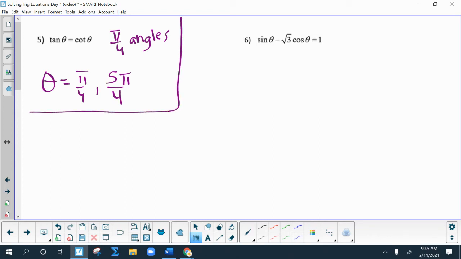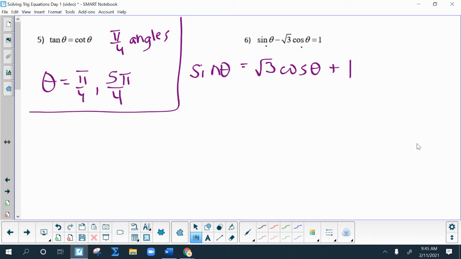All right, last one is the most complicated, and it takes a few extra steps here. So notice that I have a sine and a cosine in the problem, and they're not squared, and they're not anything that I can simplify out. So what we're going to do is add that root 3 cosine theta to the other side. Or you know what?